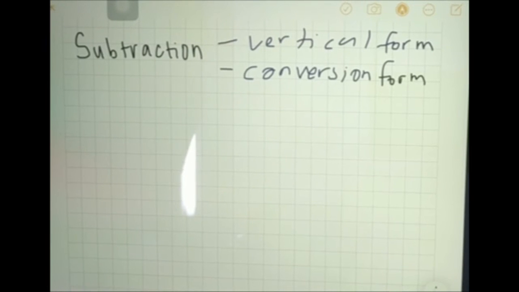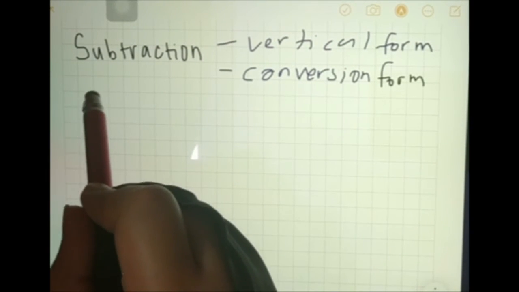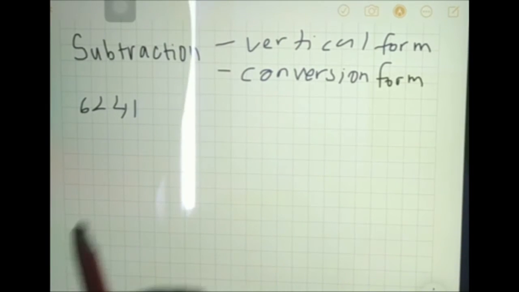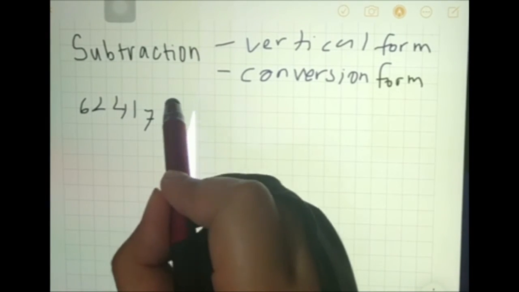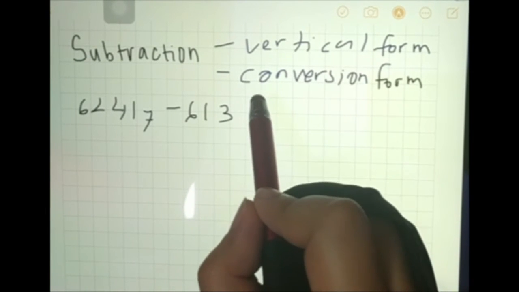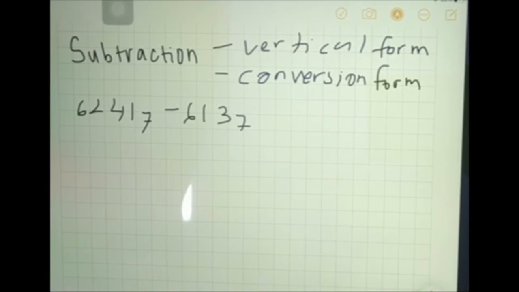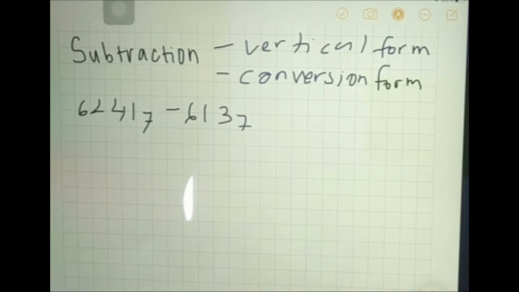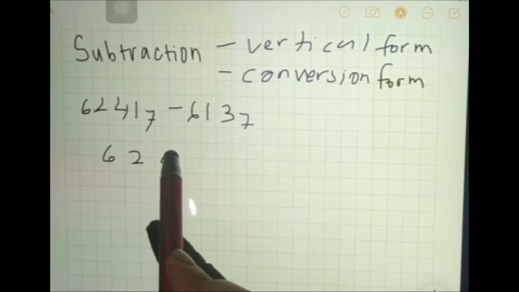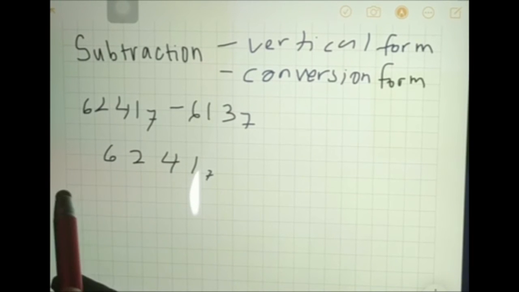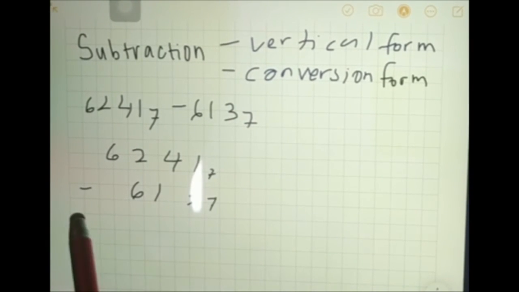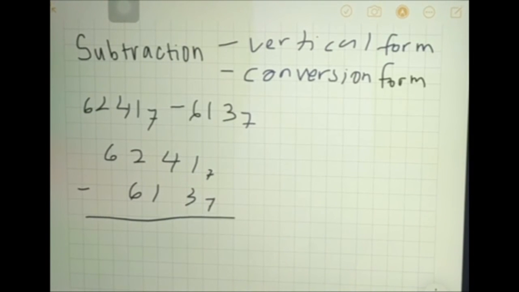So let's use this example. 6241 base 7 minus 613 base 7. So we write it vertically from the left to the right. 6241 base 7 minus 613 base 7. Okay, so see here.